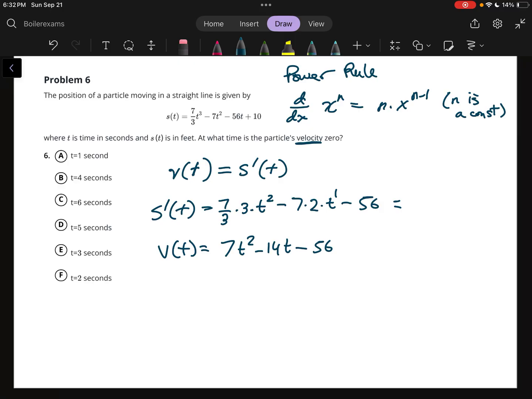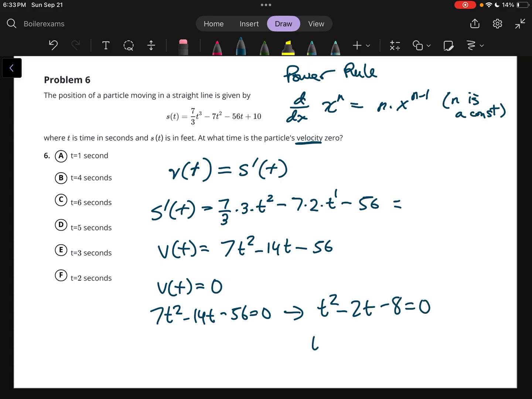Now they want us to find the time at which the velocity is equal to 0, so we can set all this equal to 0. You'll notice that the entire left-hand side is divisible by 7, so this becomes t squared minus 2t minus 8.